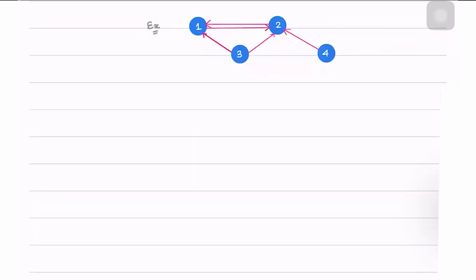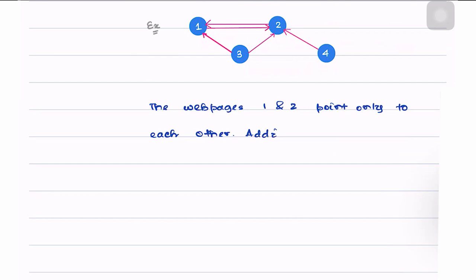In this example, we see that the web pages 1 and 2 point only to each other and do not actually have any outgoing pages. So this is the first point, which is peculiar about this example.